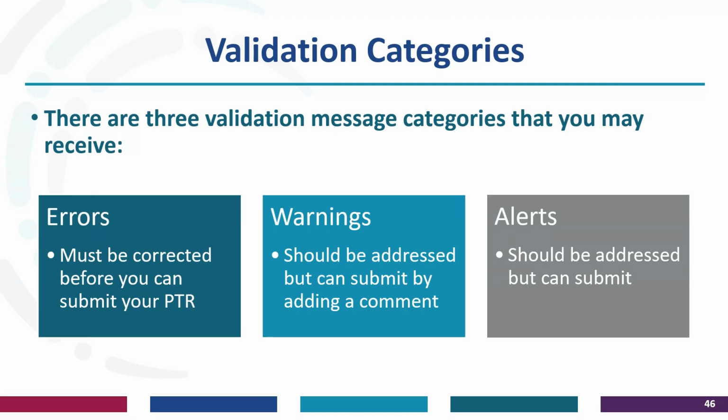But you can still submit your report with a warning by adding a comment for each one that you receive. Alerts, again, we always recommend you try to address them whenever you can, but you can still submit your report with 1 or more alerts. If you make any changes to your report after validating, make sure that you validate again using the steps we reviewed on the last slide.